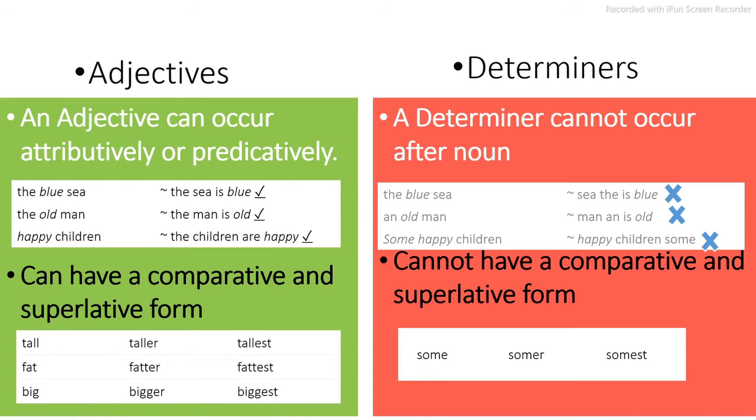We cannot say some, summer, summest, or that his, the possessive determiner, can take the comparative and superlative form like his, hisser, hisest. No. So these two differences you must remember: adjectives can occur before or after the noun, but determiners are used only before the noun. And adjectives have comparative and superlative forms, but determiners do not.